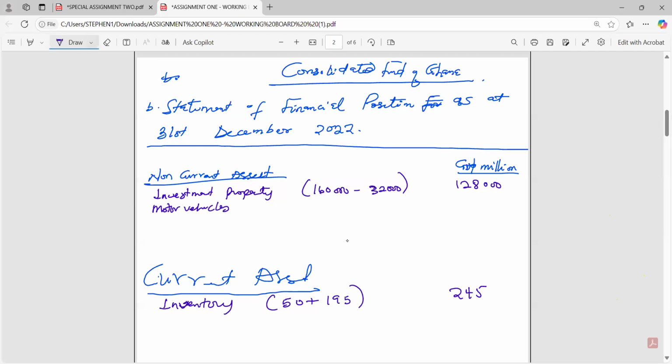Motor vehicles, land and building, furniture and fittings. Okay, give it to me, please. 136,000. Yeah, this one, land and building, 565,000.